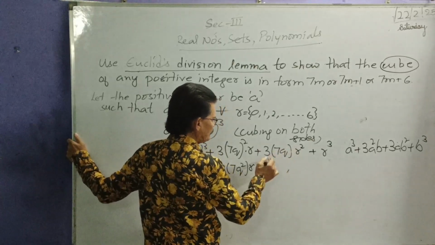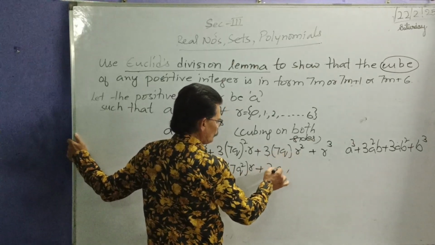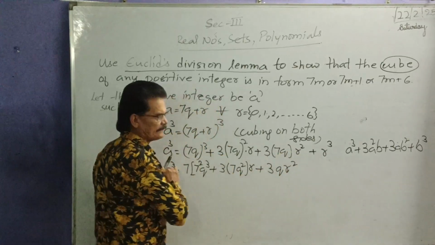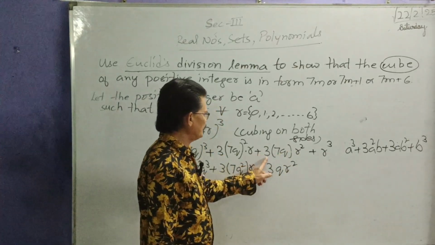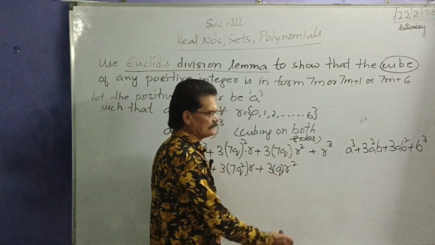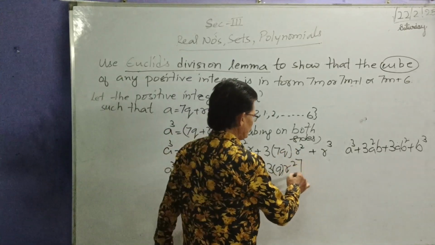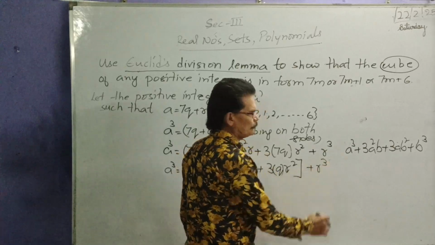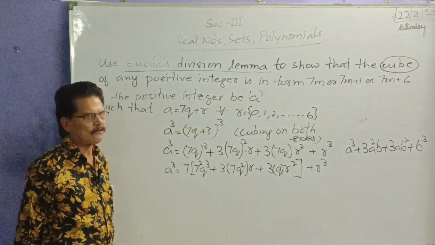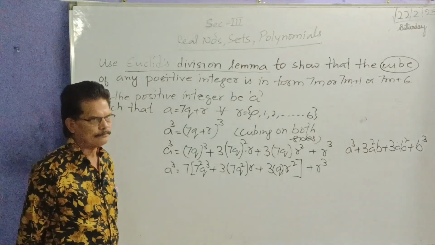So when you take 7 common, 3 q r square remains. 7 is common outside. So we are remaining with 3 q r square, and outside r cube. Why? Because there is no 7 over there. We can't take 7 common from r cube.